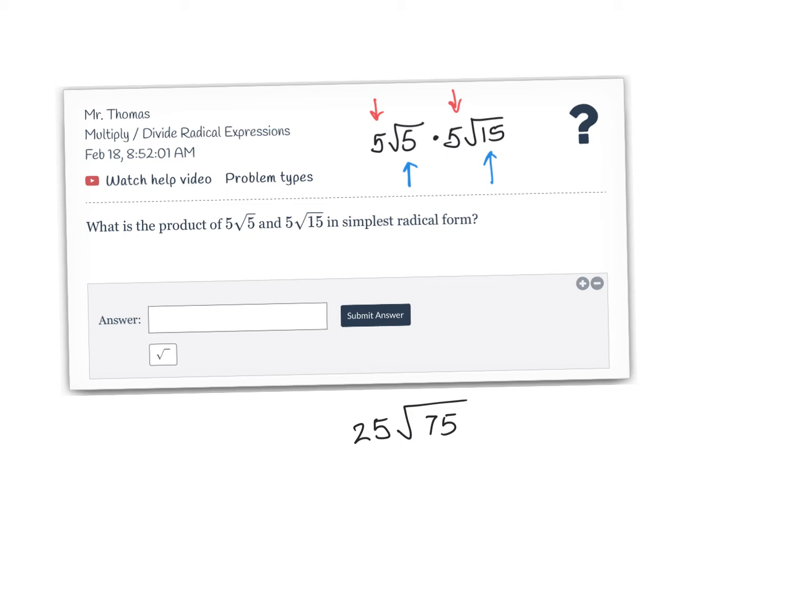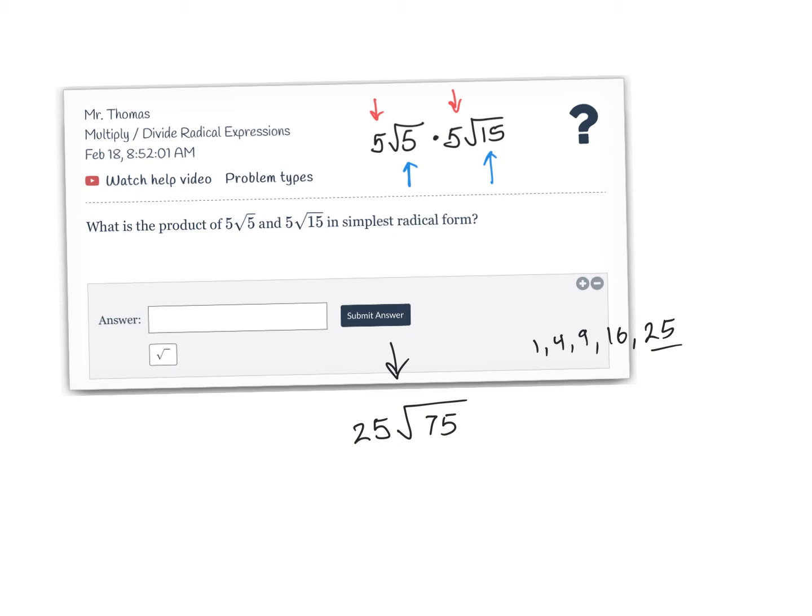All right, so square root of 75. Okay, so we're getting closer to the answer. This is what we got after we multiplied. But we need to type in the most simplified answer. So from square root of 75, it's a question of what can we divide out. And again, it should be a perfect square, okay? So I think 25 can be divided out.